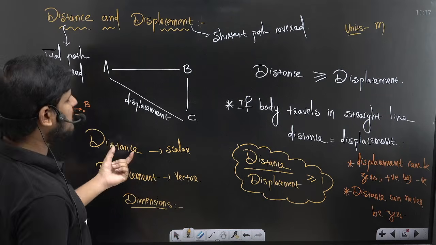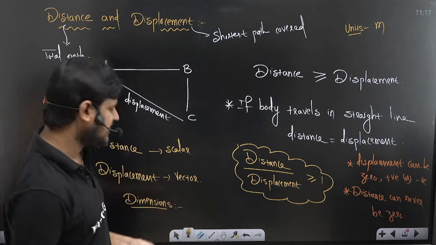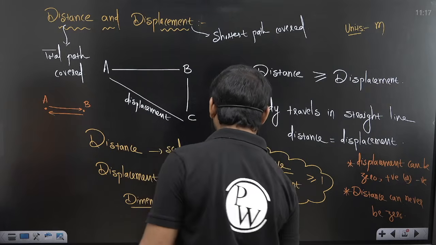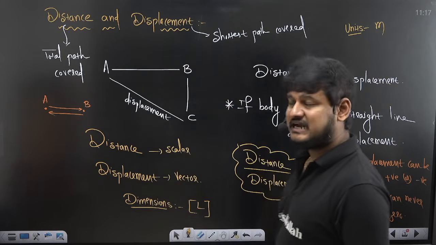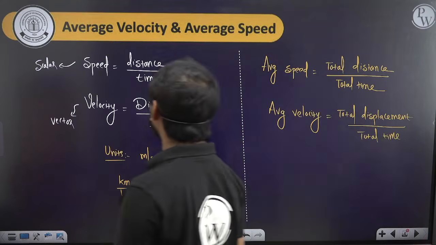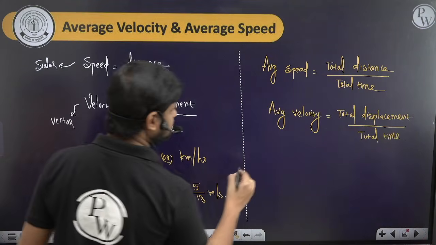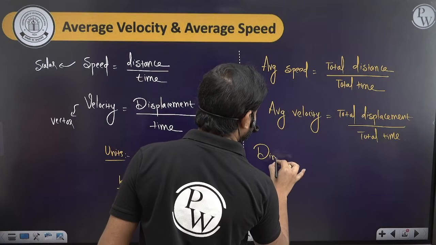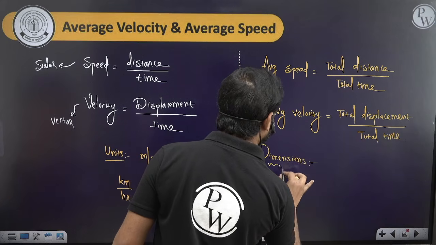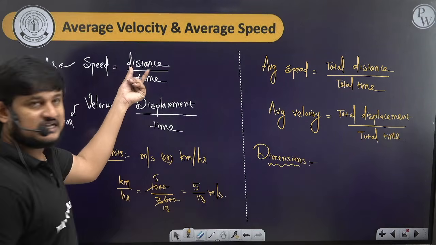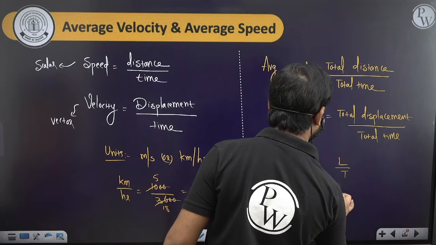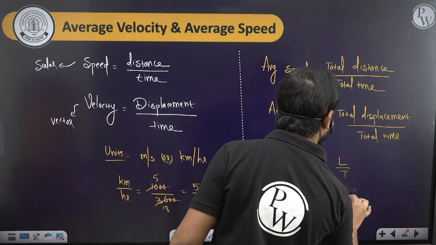They are both measured in meters, so the dimension is L, length. In the case of velocity, what are the dimensions? The dimensions of speed or velocity are distance over time, L by t, which is nothing but L t to the power minus 1.